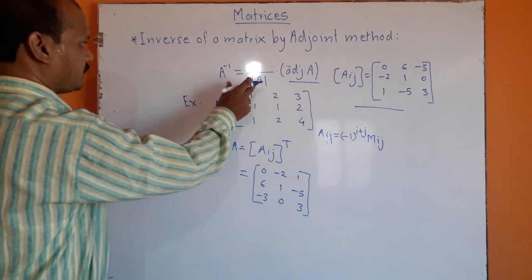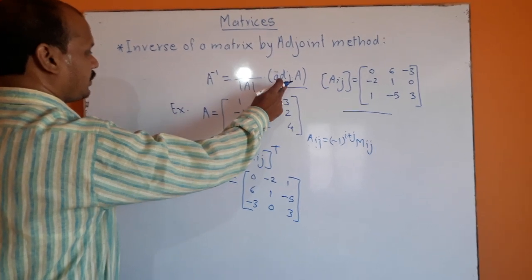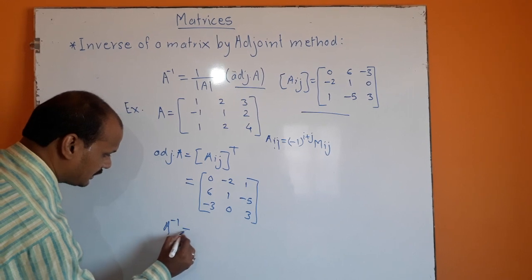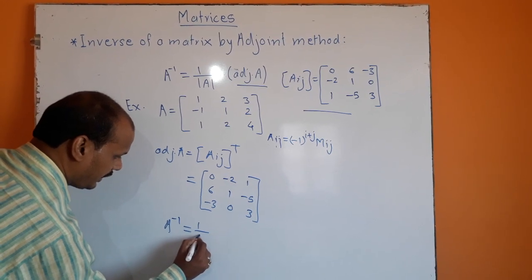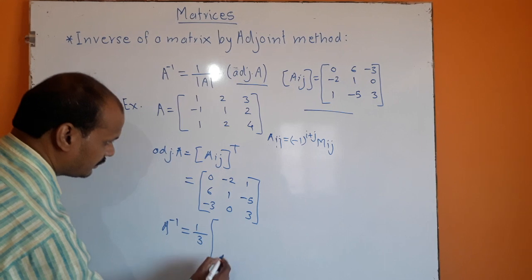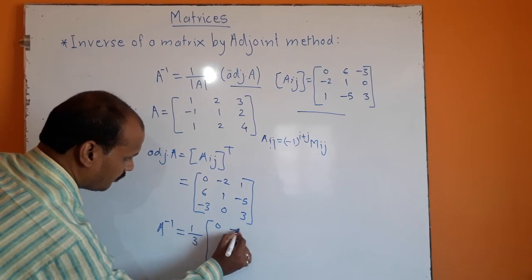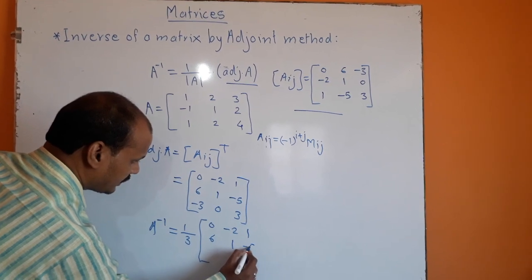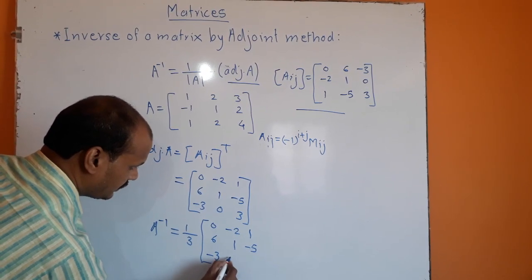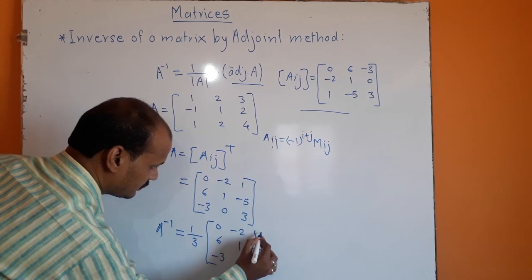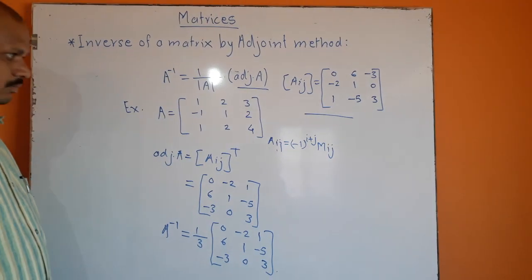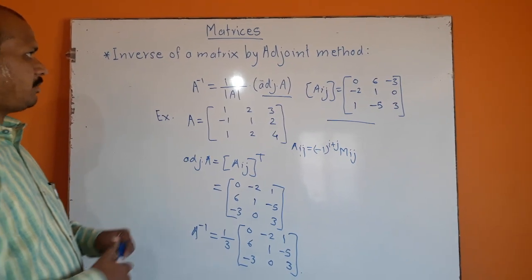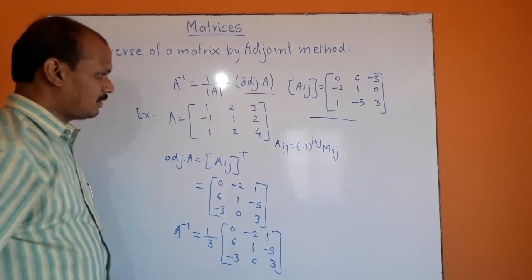So by the formula A inverse is equal to 1 upon determinant of A into adjoint of A, we get A inverse equals 1 upon determinant of A, that is 3, into adjoint of A, which is [0 minus 2 1; 6 1 minus 5; minus 3 0 3]. This is the method of finding the inverse of a matrix by the adjoint method.